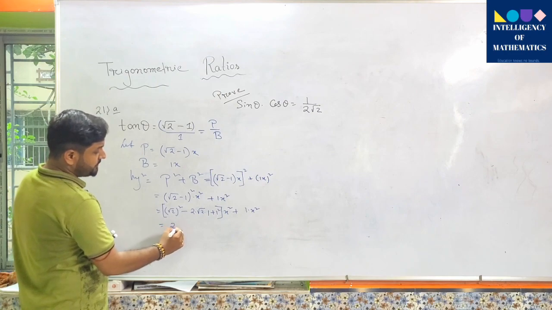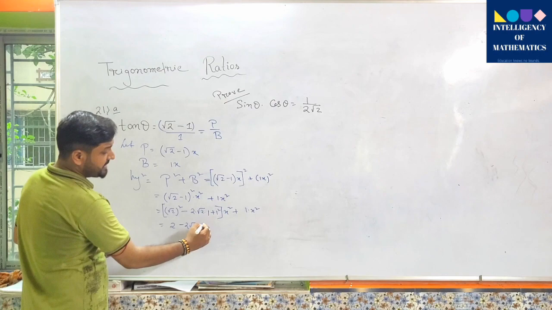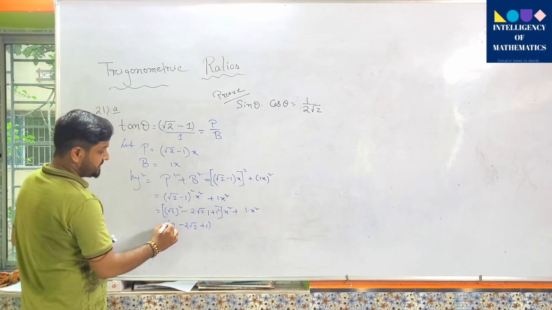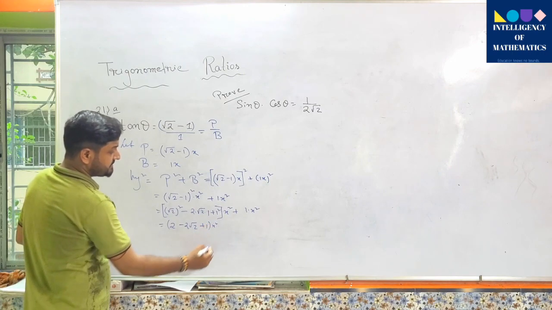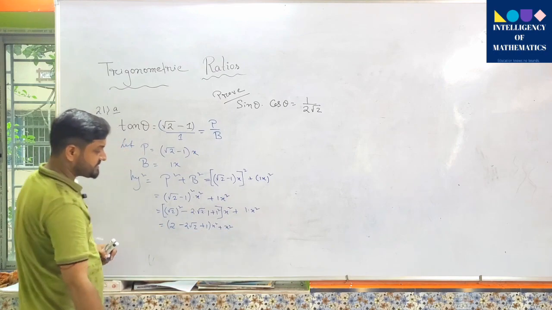√2 square is 2, this is 2√2, 1 square is 1, including this x square is there. Here also 1 into x square is x square.